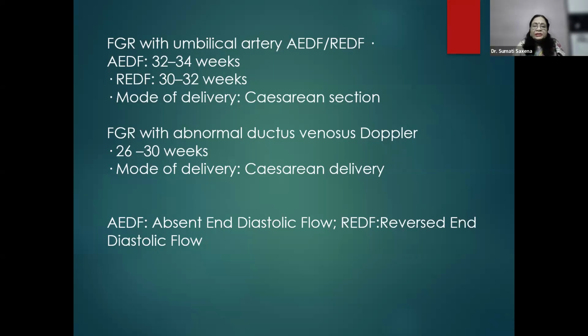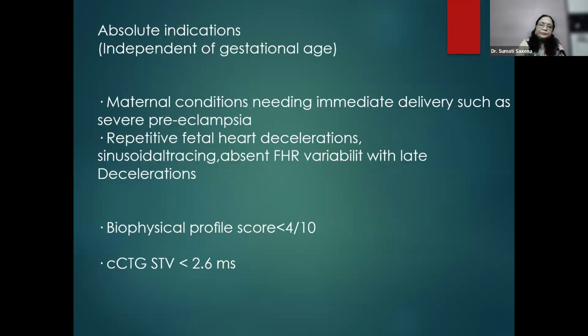And mode of delivery is cesarean section. And in cases with abnormal ductus venosus, it's a case of severe FGR, and you have to do delivery with the cesarean section.